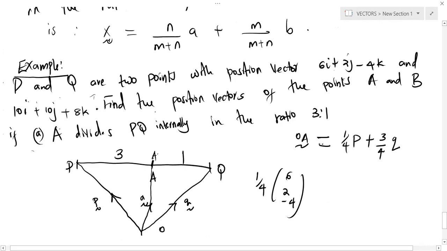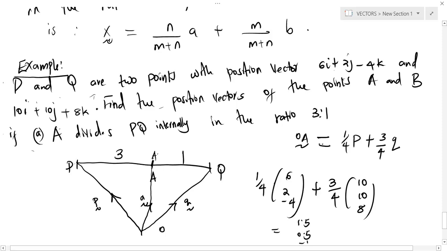So 1/4 of this plus 3/4 of Q. And what is Q? Q is 10, 10, 8. So evaluating this, what do we get? This will give us 1/4 of 6, that is 1.5. Then this will give us 0.5.